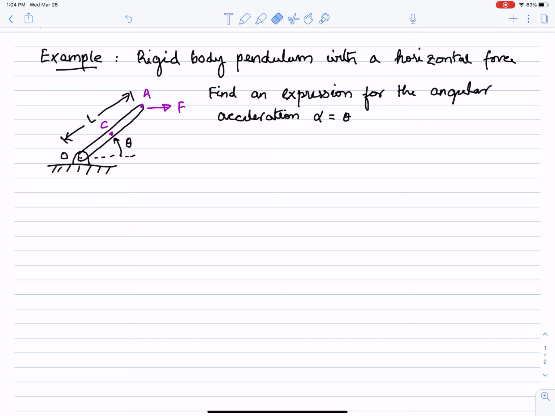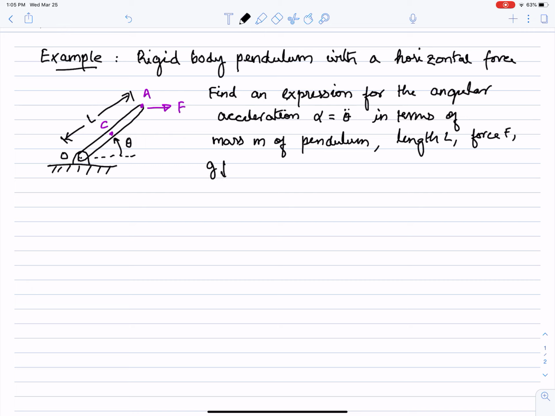So that's really what we mean by angular acceleration, in terms of mass m of the pendulum, length L, force F, g, acceleration due to gravity, which is downwards, and angle theta. Okay, so this is what we want to find.